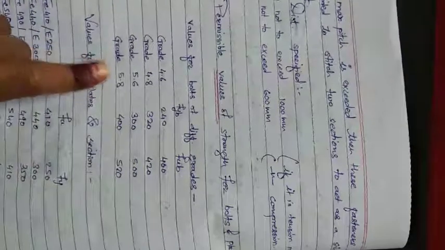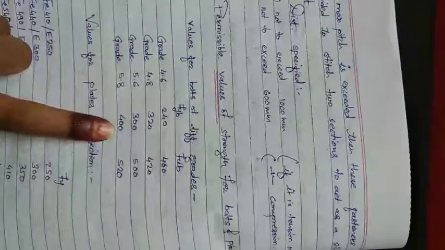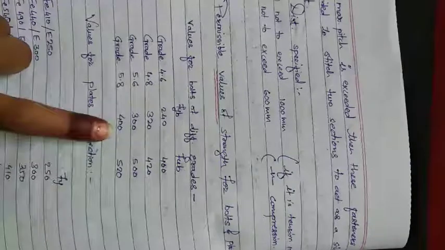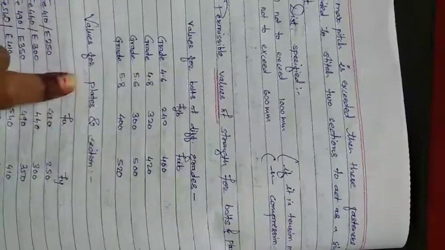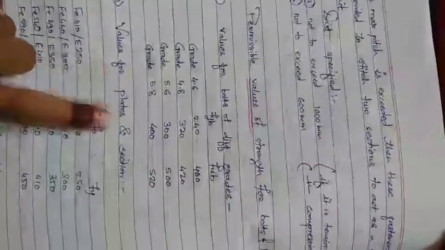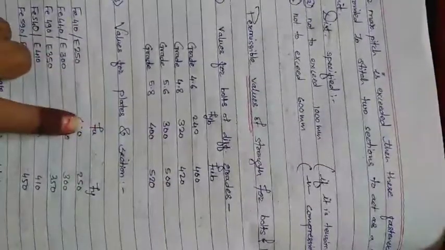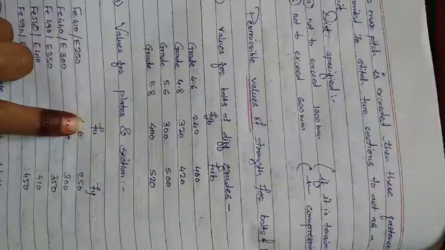And last one, for grade 5.8, FYB value is 400 Newton per mm square and FUB value is 520 Newton per mm square.